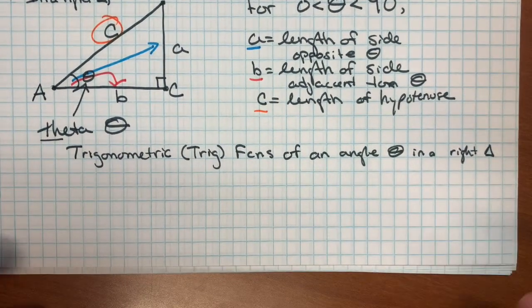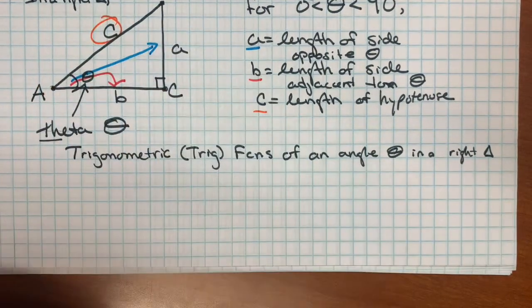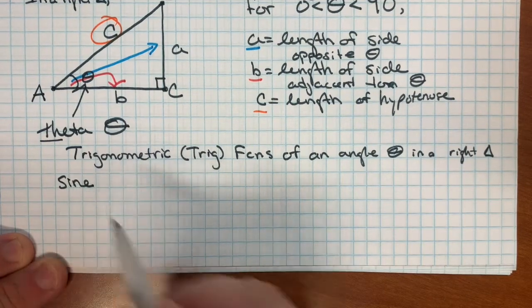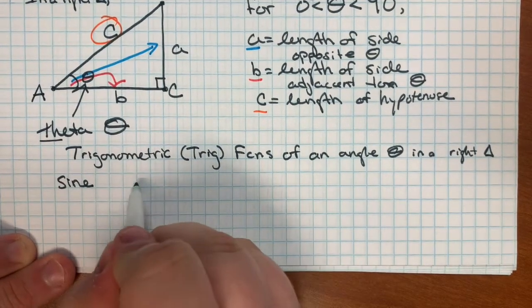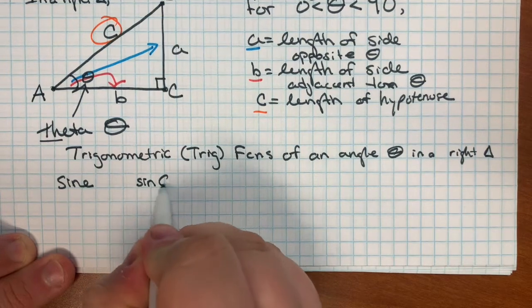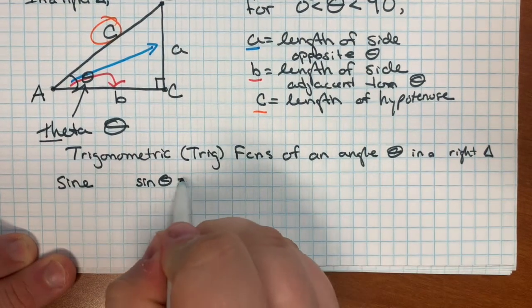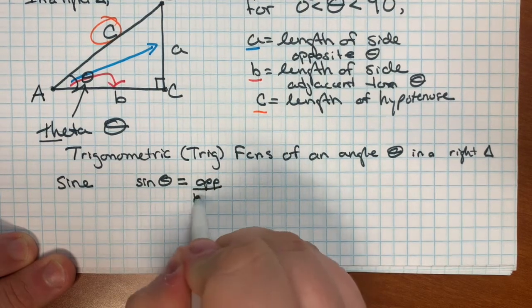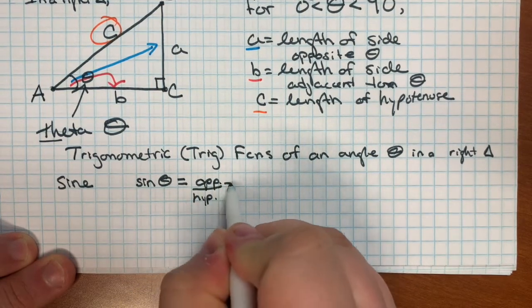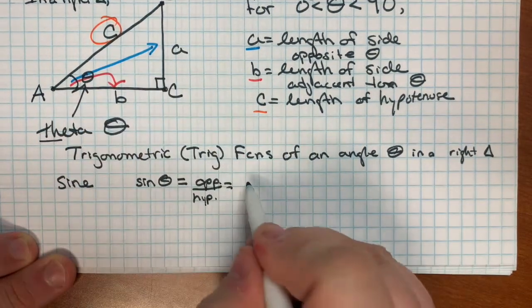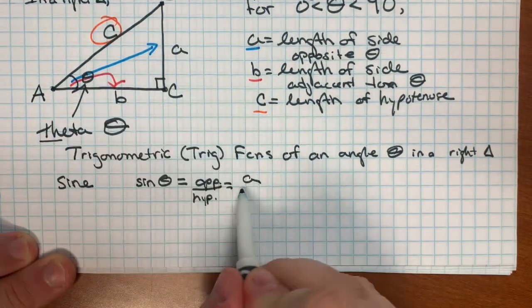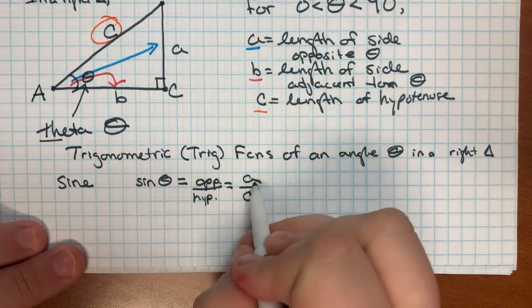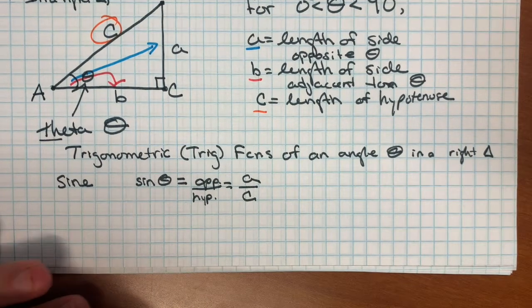These are only defined for right triangles, hence right triangle trigonometry. Our sine function, which we'll write as sin of theta, is by definition the opposite side over the hypotenuse. Opposite theta is A, and the hypotenuse is C. And so sine of theta is the ratio A over C.